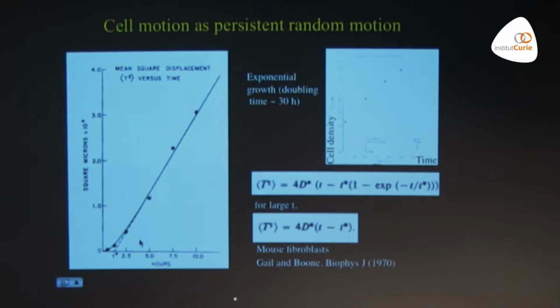I will just show you a result from the 70s. This was motivated by looking at the mean square displacement. You know that with Brownian motion, this would grow linearly with time.